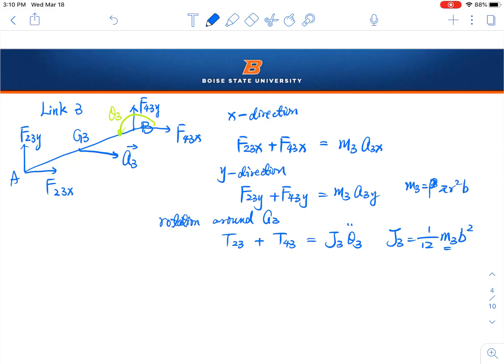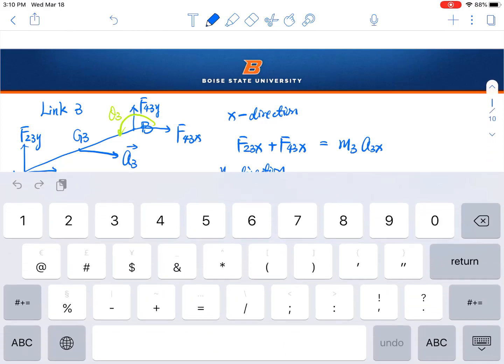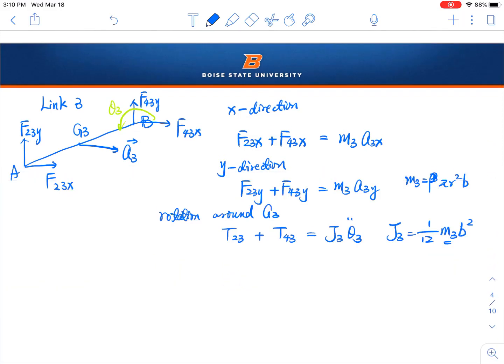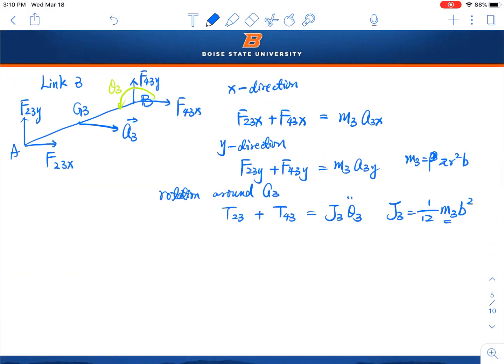Okay, m3 again, you can calculate from the density and the volume. All right, so what is the T23 and T43? By definition, your T23 is just R23 cross product F23, right? What is your R23?